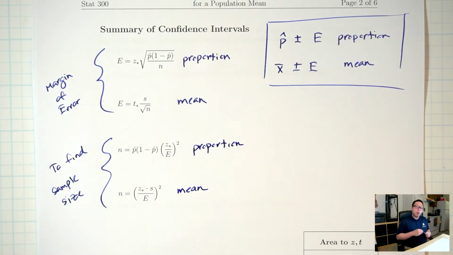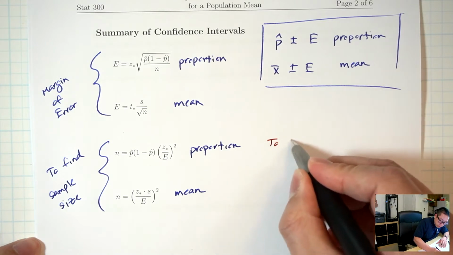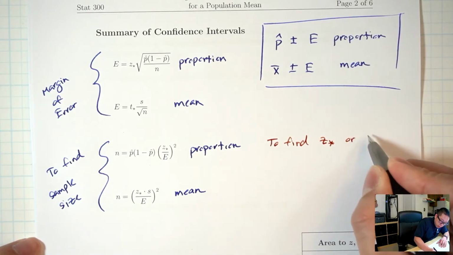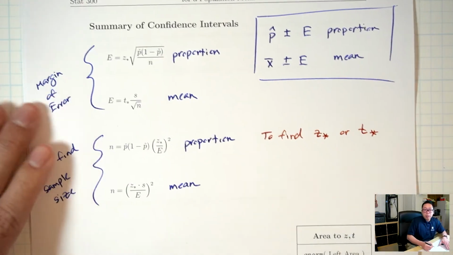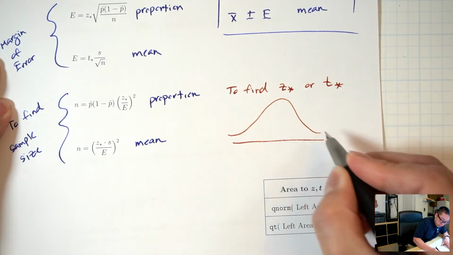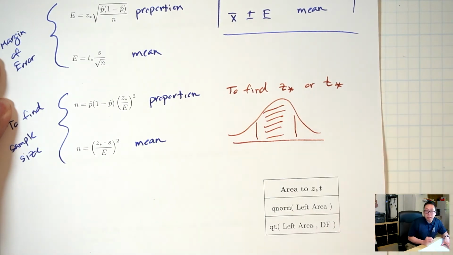All of these formulas have either z stars or t stars. So to find z star or t star, they both involve this picture. And it's shaded in the middle.